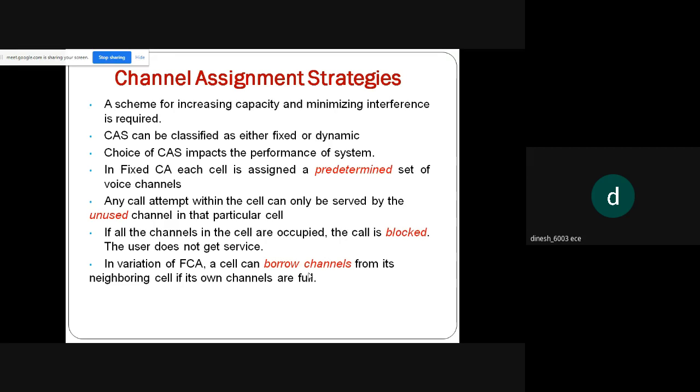Anytime you attempted a call, or when a call was coming to you, you might get network busy. This is the reason. We call it a blocked call: if all the channels in the cell are occupied, the call is blocked. That is what you get when the network is busy.